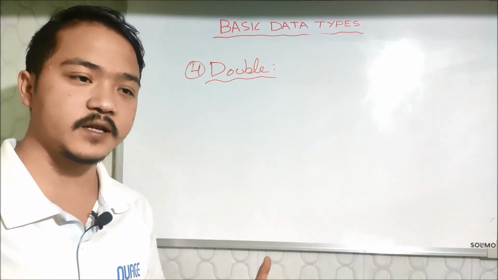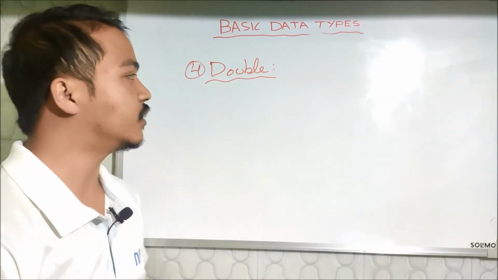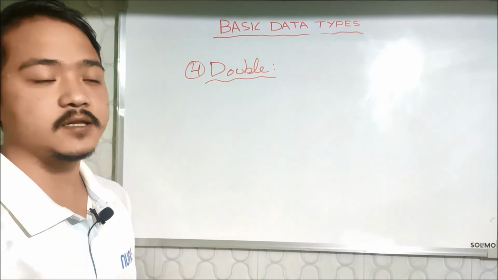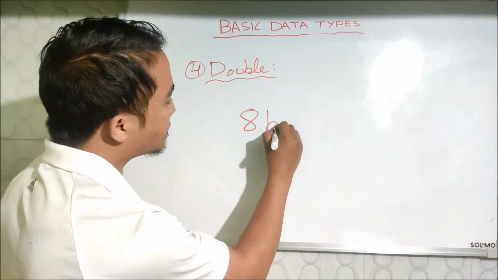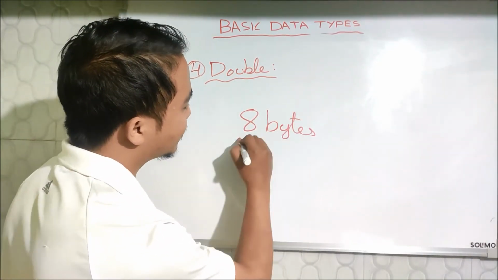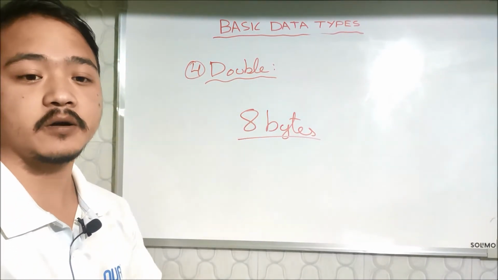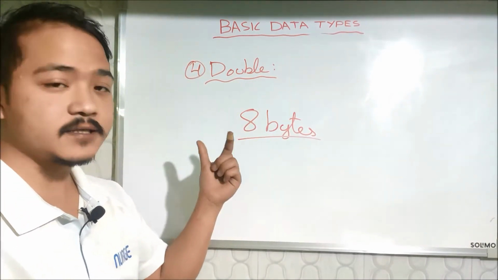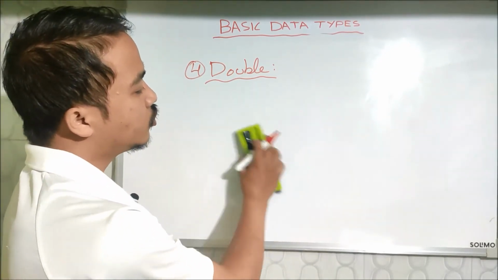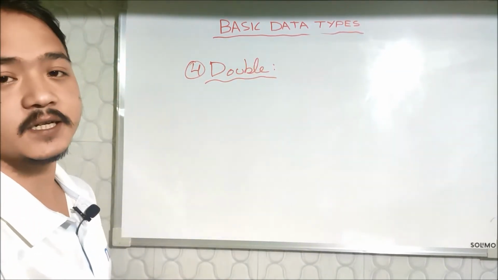Okay, it's not infinity, but it's a very large number, and the size of this double is 8 bytes. It stores in memory in 8 bytes, so it is a very large number. In some time I will give you the range of all these basic data types.